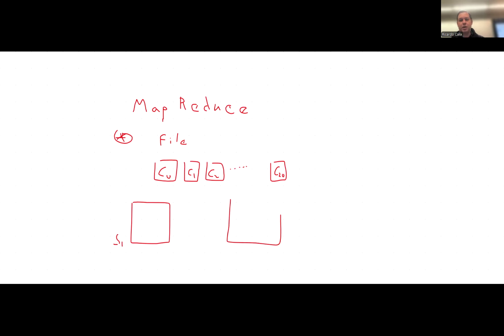Hadoop will just take care of distributing out the batches. What's important is it'll create the redundancy. So for instance, C0 might be in this server, but it's also over here in this one. It has been replicated.